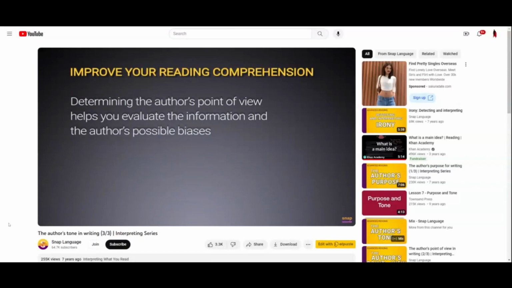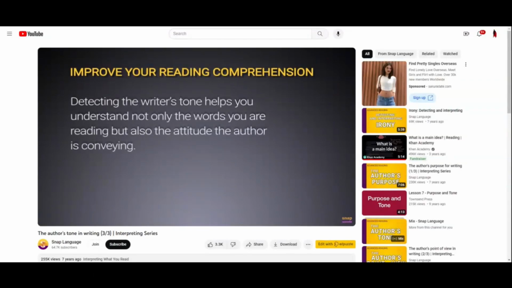Determining the author's point of view helps you evaluate the information and the author's possible biases toward the topic. Detecting the writer's tone helps you understand not only the words you're reading, but also the attitudes the author is conveying.